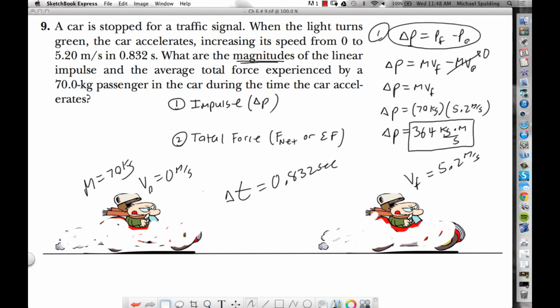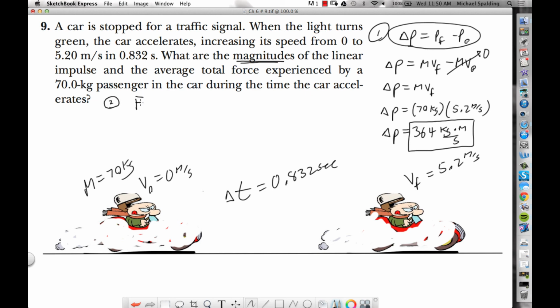All right, second question, how do we find the net force? Well, to find the net force, and keep in mind, this is not the only way you could do it. I could have given you this question a couple months ago and you could have figured it out. But let's do it with momentum. So net force equals change of momentum over time, right?